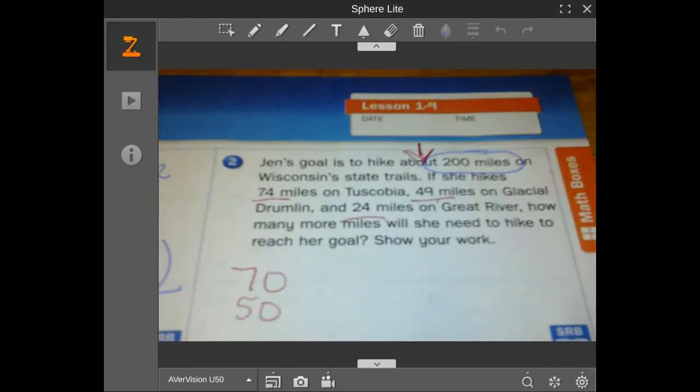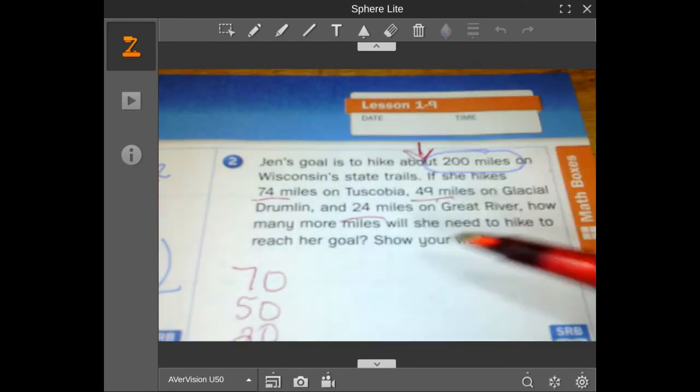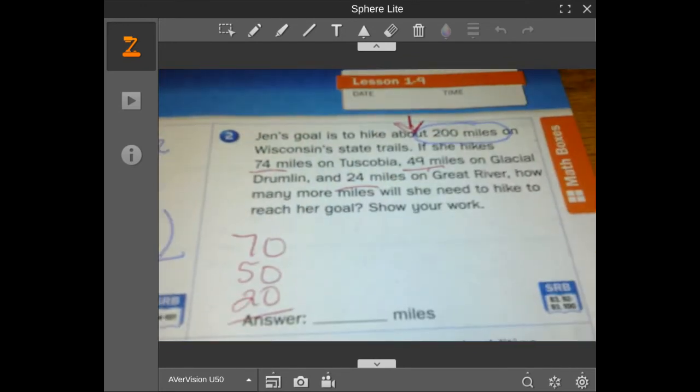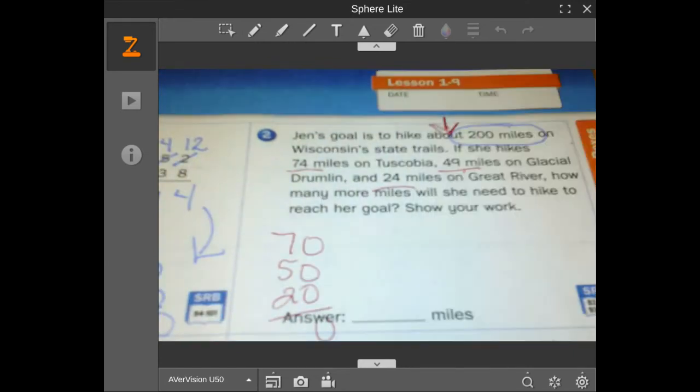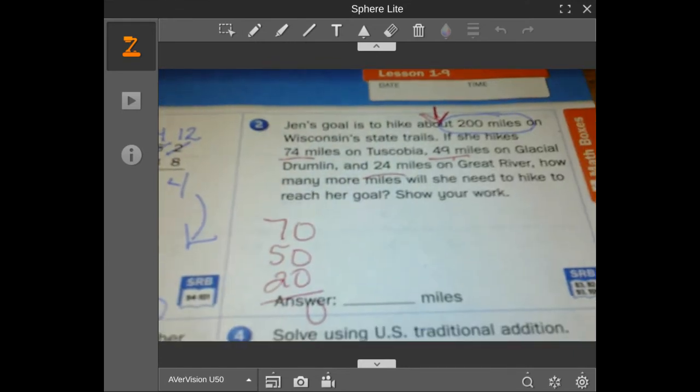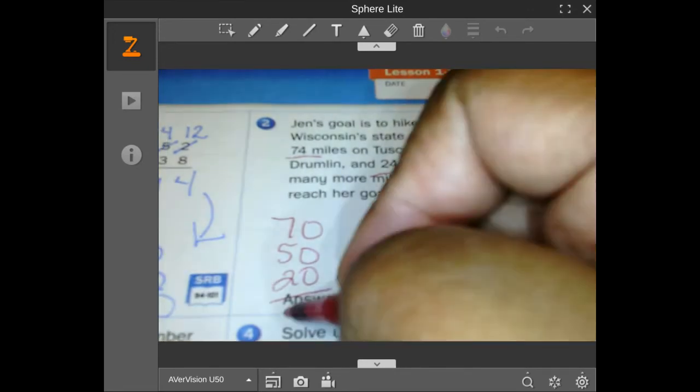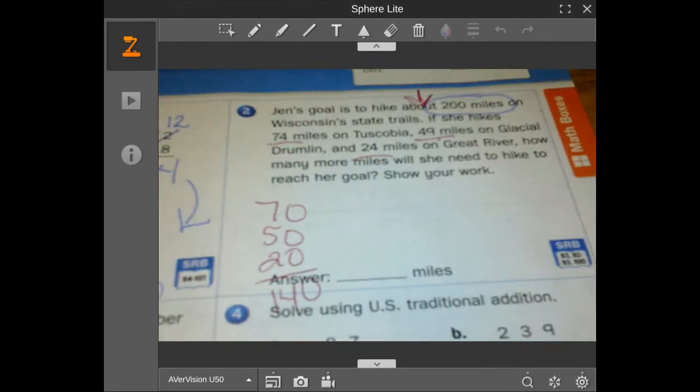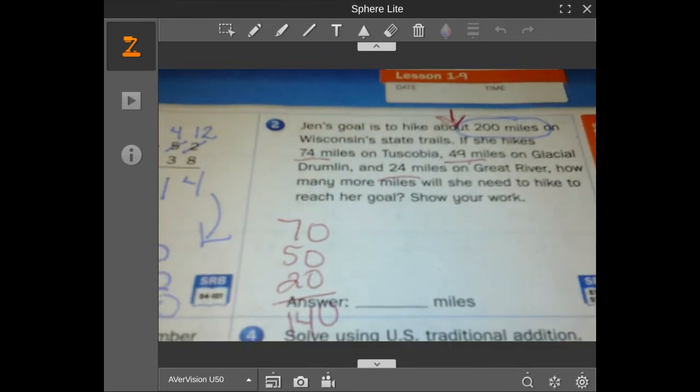And 24 is close to 20. So if I add those together, 7, carry down my zeros, 7 plus 5 equals, yes, 12. 12 plus 2 equals 14. So we know that she's hiked about 140 miles.